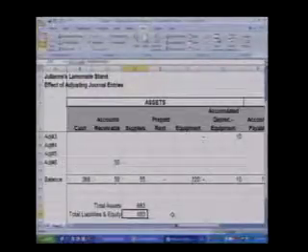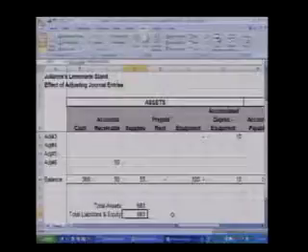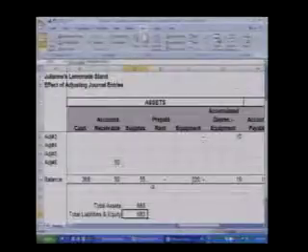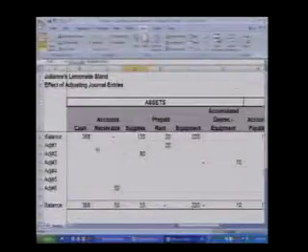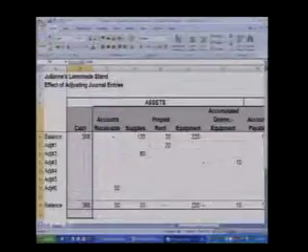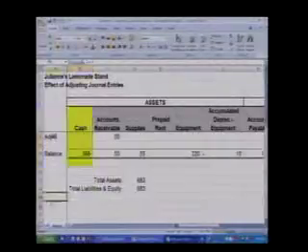So this is very similar to the format that you're going to see repeatedly in the rest of this course that I'll be doing, and I'll probably be using spreadsheets, but also on CNOW. The additional thing that you're going to have to do with CNOW is anytime cash is affected, anything in this column, you're going to have to update something for the statement of cash flows.